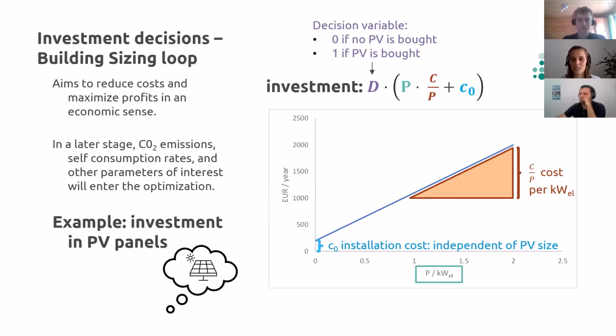So the installation cost, the size-independent one, is called C0, and the other one is C times P. And P is the capacity you choose for your PV panel, and D is the decision variable, which is 0 if you don't buy a PV panel, and it is 1 if you buy a PV panel.